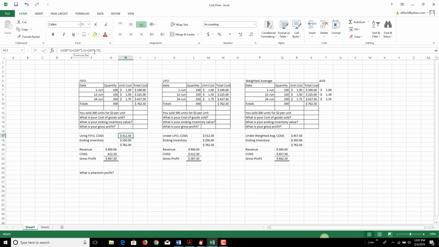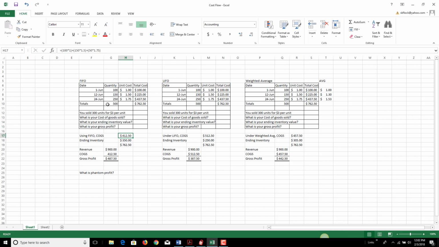And you can look at my formula up here. That's exactly what this formula is doing. I sold all of my $1 units, all of my $1.50 units, and only 50 of my $1.75 units. So my total cost of goods sold is $412.50.